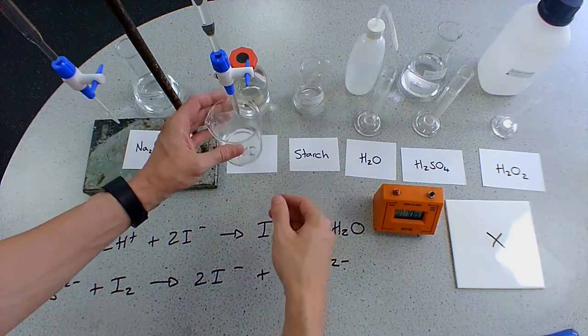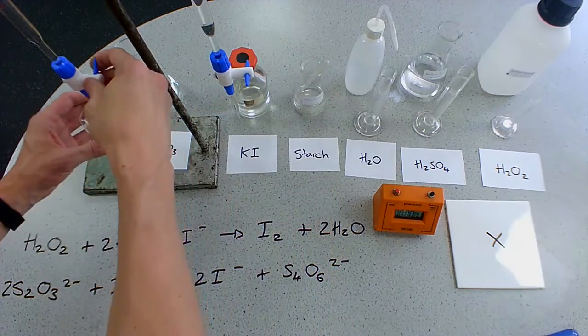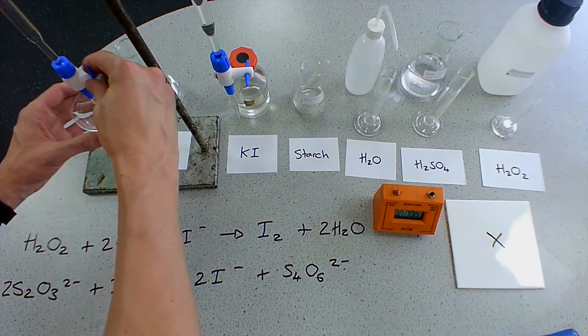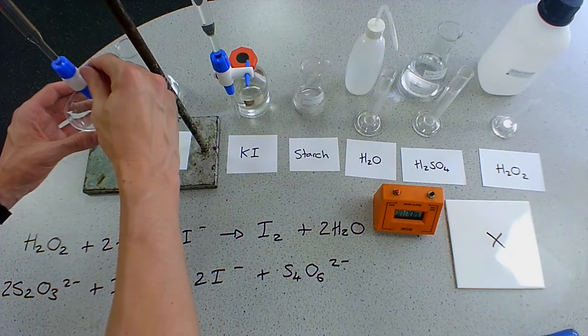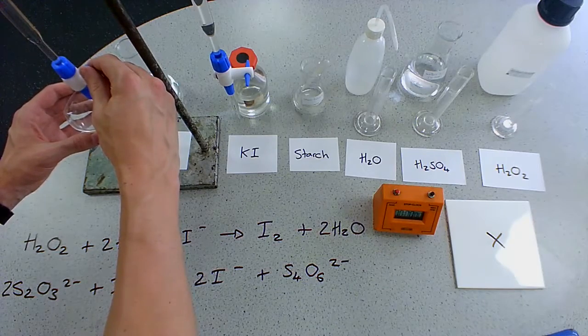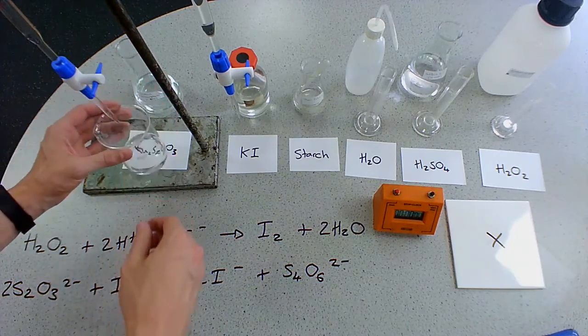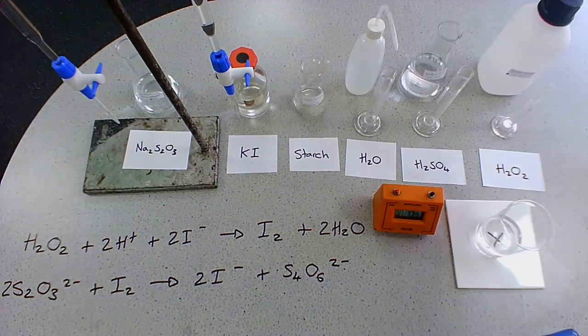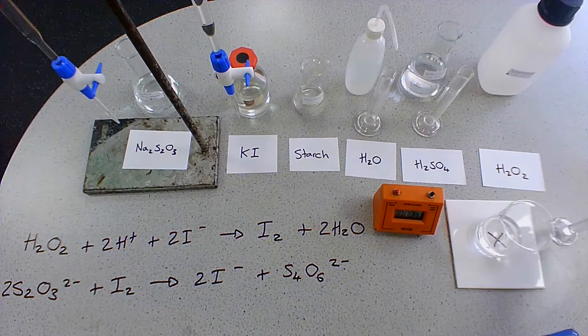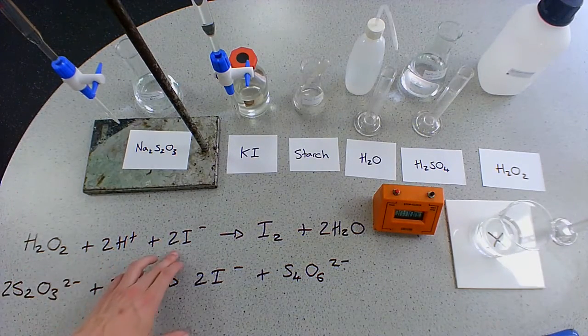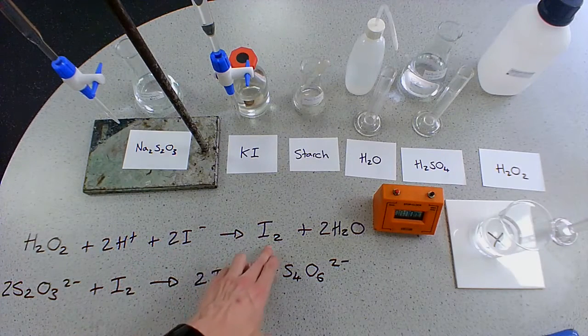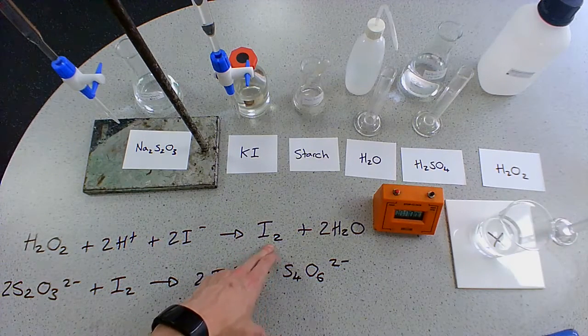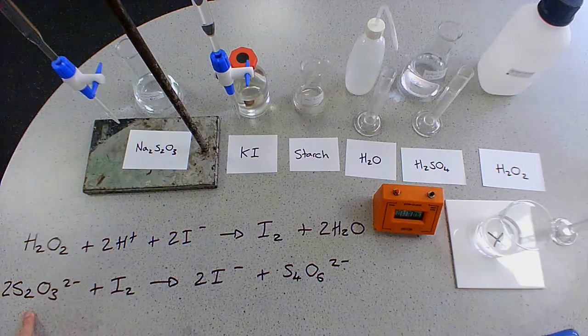Okay, that's 5 of the potassium iodide, and now we need to add 5 of the sodium thiosulfate. Okay, so now we have all the reagents we need in there, apart from the hydrogen peroxide. So again, just to recap, the hydrogen peroxide is going to react with the potassium iodide to produce iodine, but the iodine immediately reacts with the sodium thiosulfate to produce iodide.